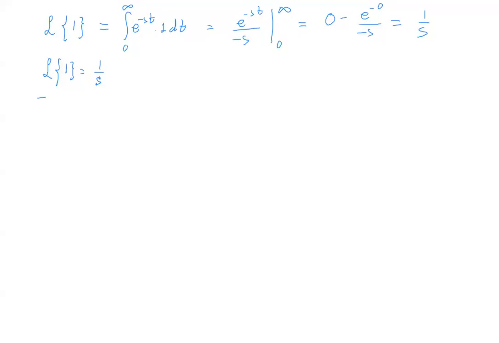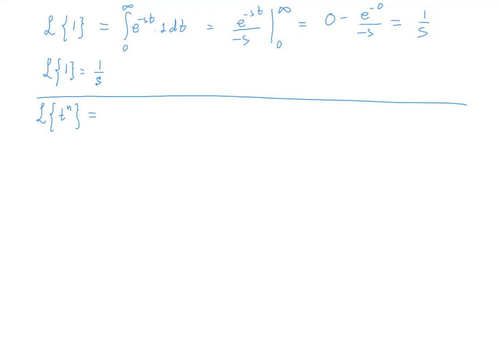Now, how do we compute? In general, it would be a good idea to compute the Laplace transform of t to the n, because then we would know how to compute the Laplace transform of any polynomial. Remember, we said it's linear, right?